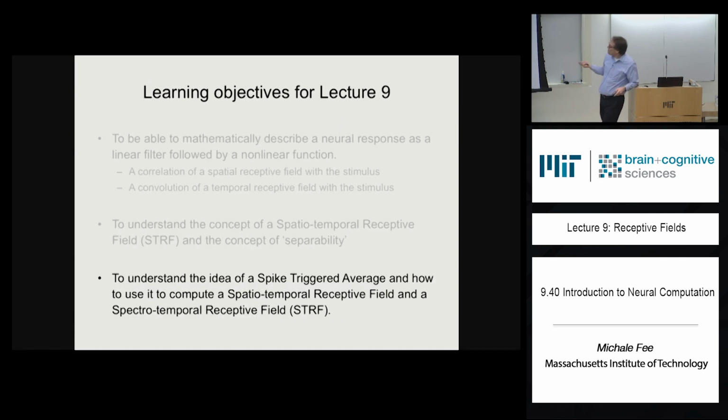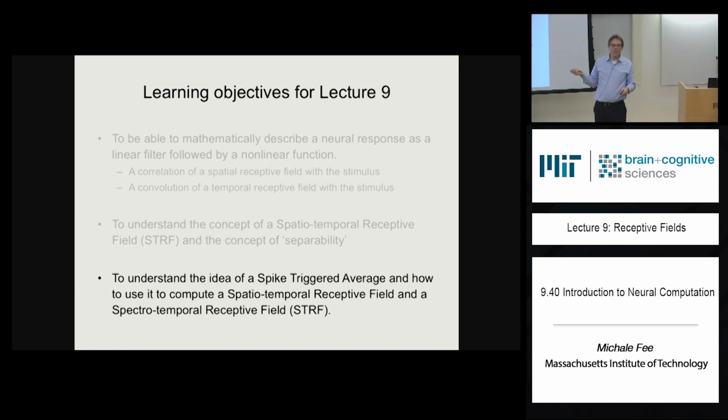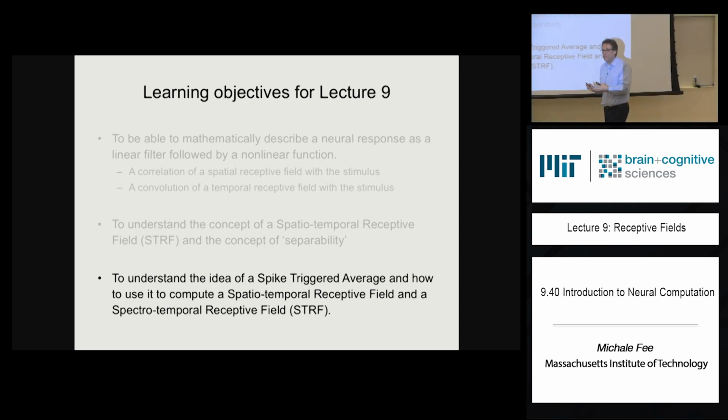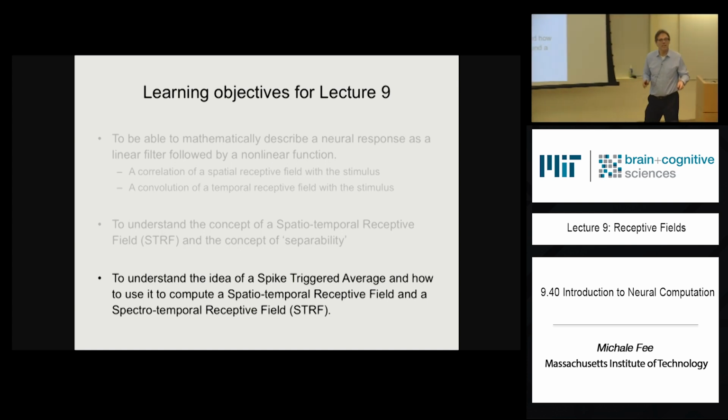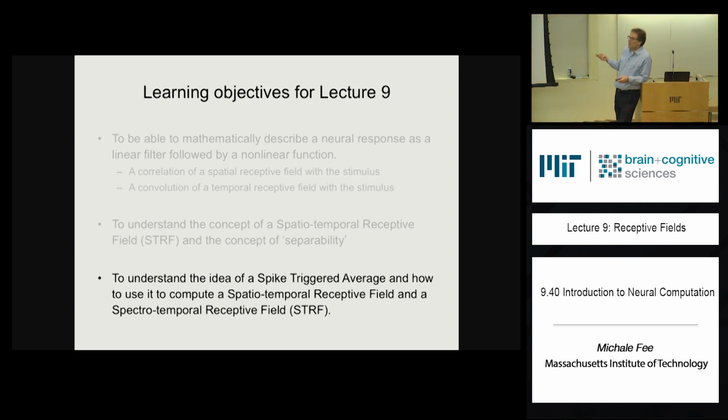Okay. So, all right. Now that we've seen mathematically how to think about what a receptive field is and how it interacts with a sensory stimulus, how do you actually discover what the receptive field of a neuron is? It turns out to actually be a very challenging problem.